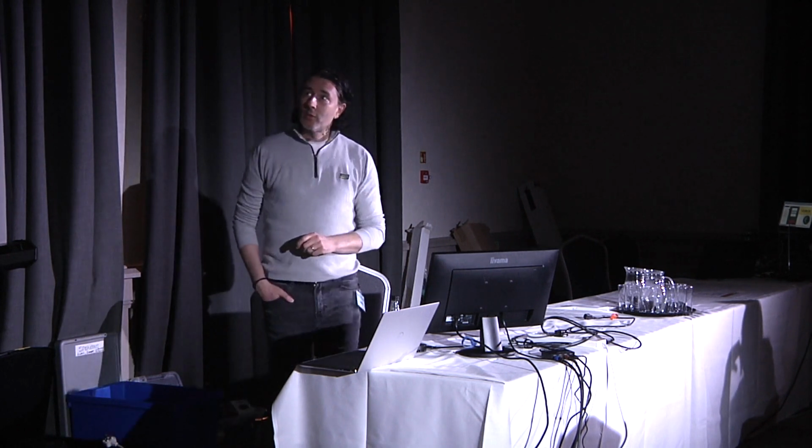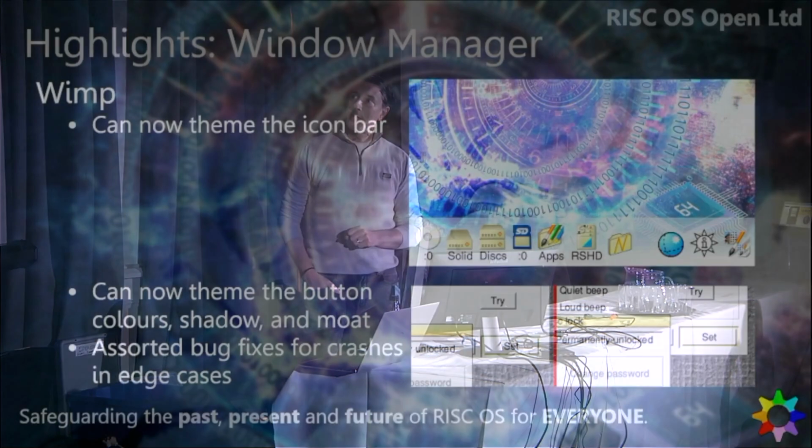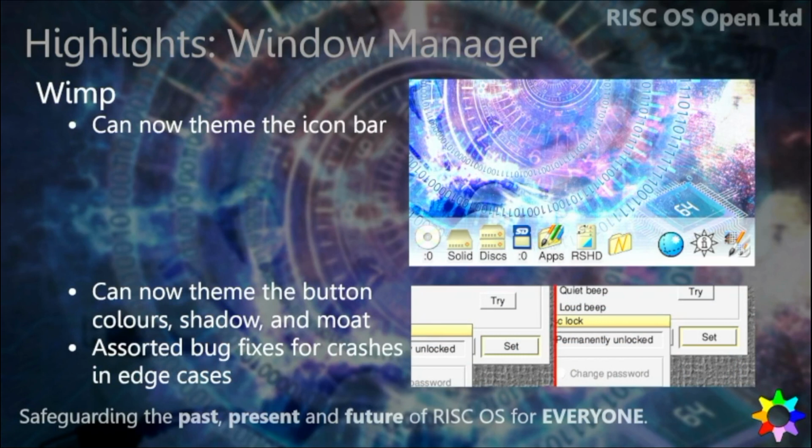Next up, there's some features that we've changed to allow better theming of the desktop to make it look different. So as people make use of these features, we'll get more theme packs being released from developers in the community, that allow you to just make your experience look different in RISC OS.